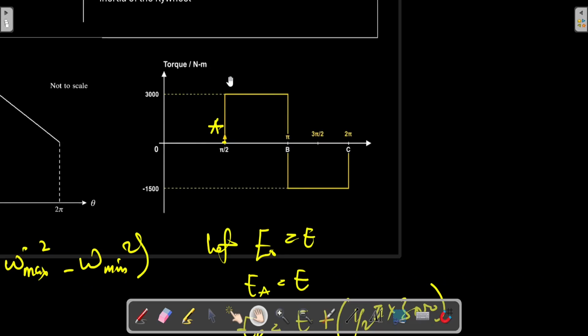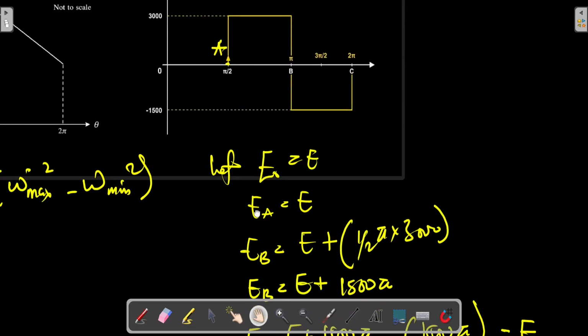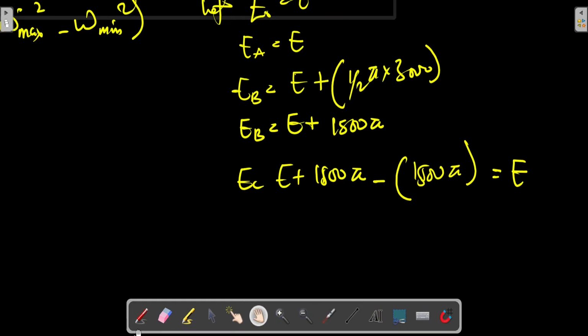You can clearly see from this graph that this is the energy that has to be stored by the flywheel, so the maximum energy fluctuation is just this area. Or you can go through the process to get the maximum energy fluctuation, which is E max minus E min.